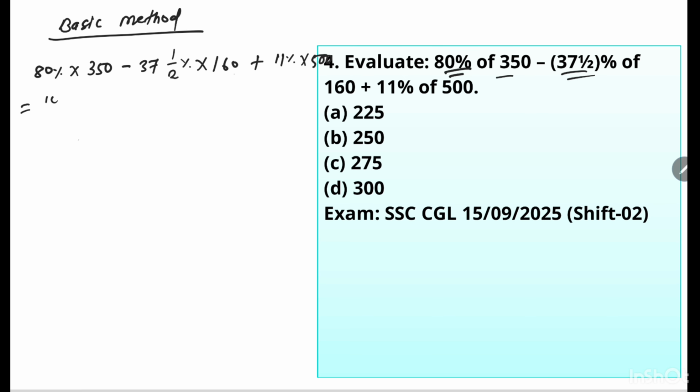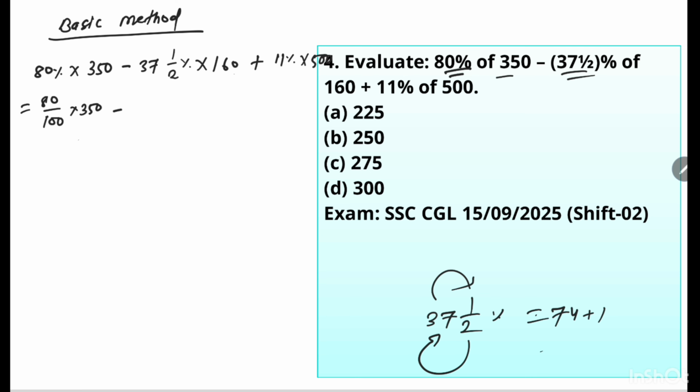We will write it in the simple form: 350 minus, we can write this 37 in the form of 37 1 upon 2 percent. Then we multiply this number with this and we add this. So that will become 74 plus 1, it will be 75, and we write this number in the bottom.